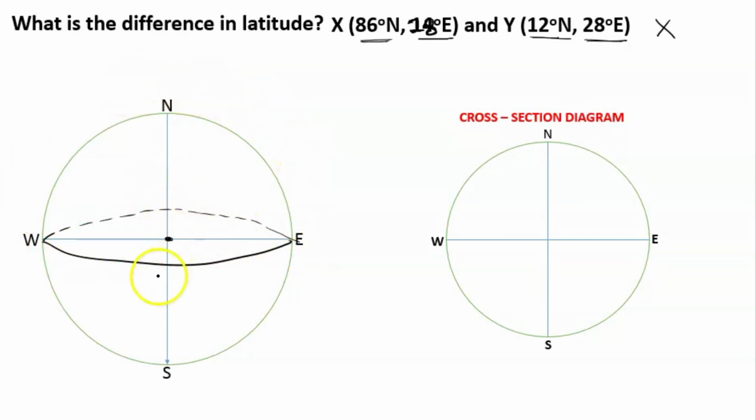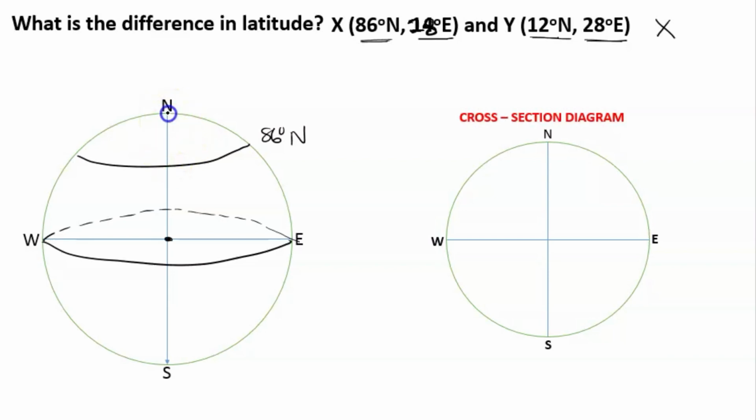All right, so this is our equator. Then the first point that we have here is 86 degrees north. So very quickly, you can come here and mark your 86 degrees north. And the common longitude is 28 degrees east.